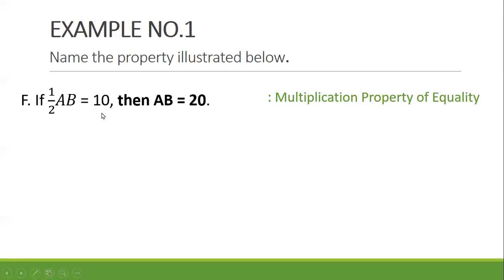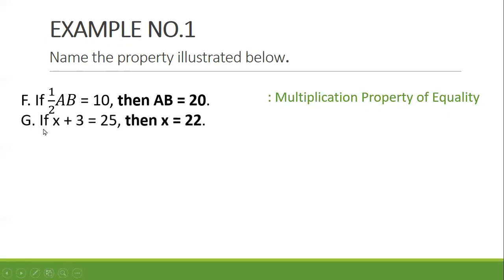We need to multiply positive 2 to isolate AB, to cancel the denominator. Positive 2, which is yung denominator. We have AB, and then 10 times 2 is 20. So, that's how we use multiplication property of equality dito sa ating example.